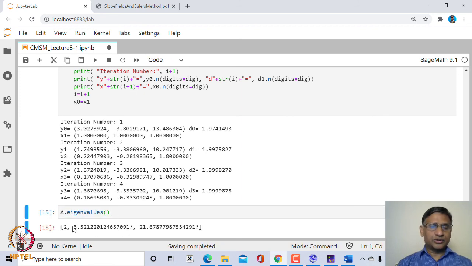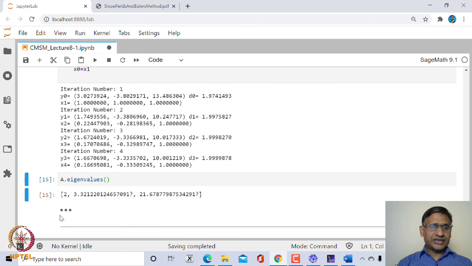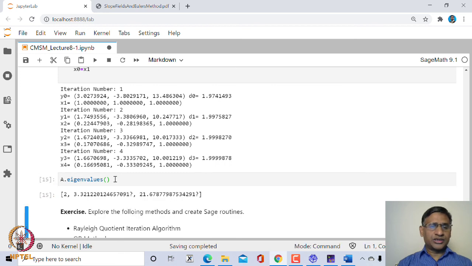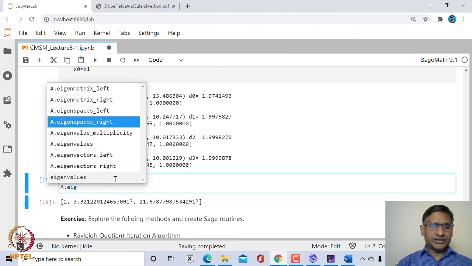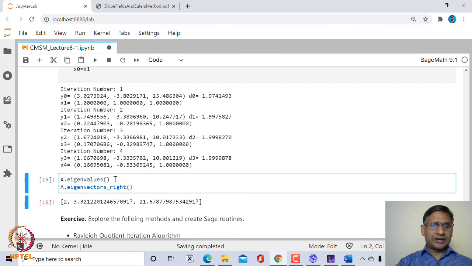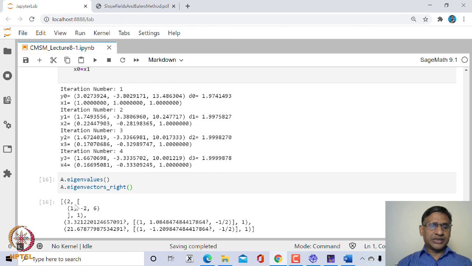The smallest eigenvalue of A is 2, you can see here, and you can also find the eigenvectors of A. The eigenvector corresponding to eigenvalue 2 is 1, minus 2, 6 divided by 6.